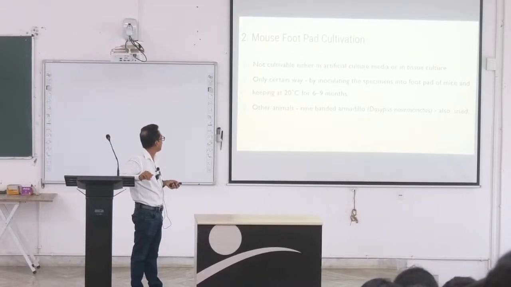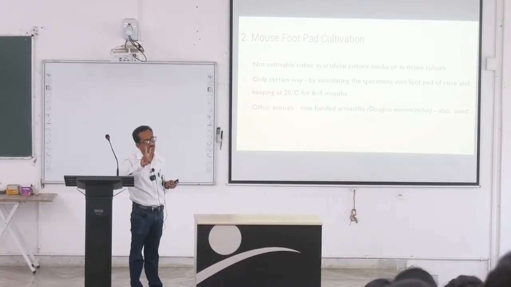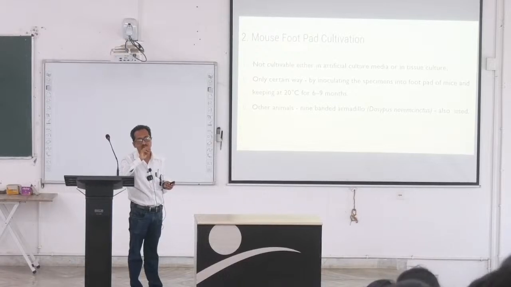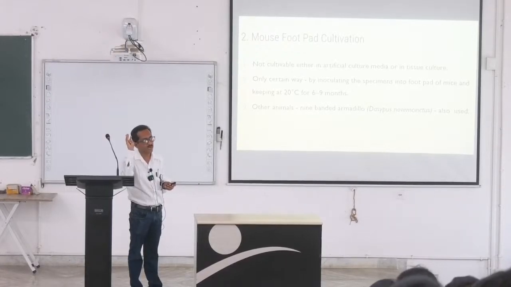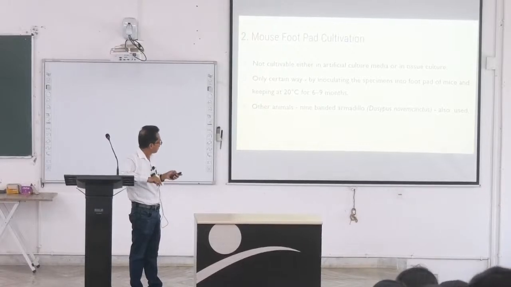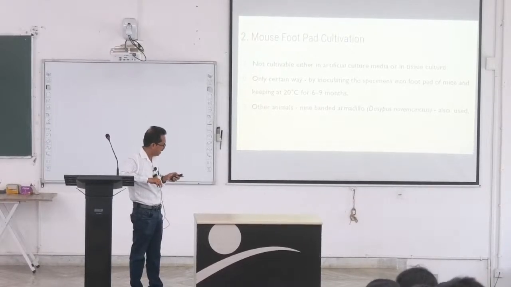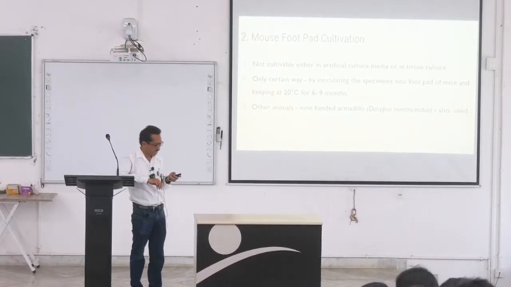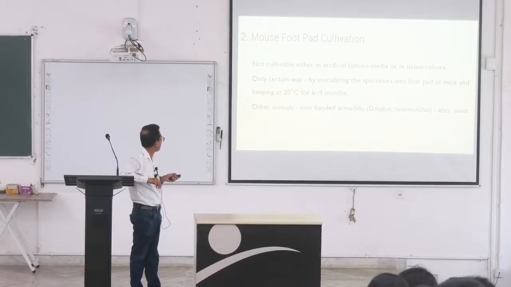The other animal is the nine-banded armadillo. Remember these two names. For animal inoculation, one is the foot pad of mice, another is the nine-banded armadillo. These are the two animals where you can cultivate Mycobacterium leprae.